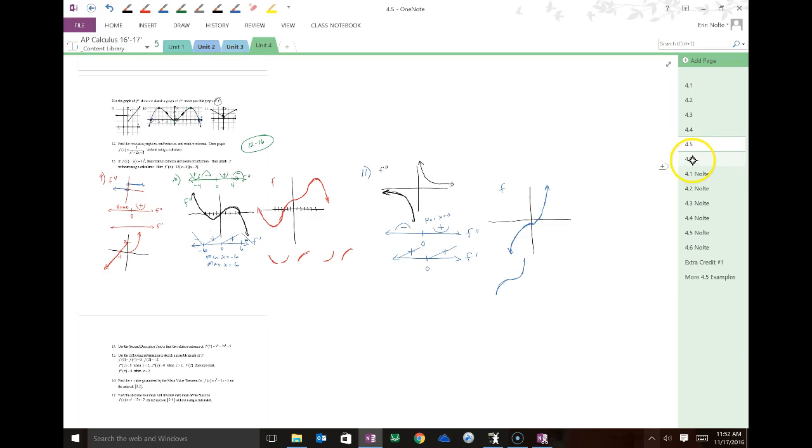Since 4-6 will be Friday and Monday, I'm going to give you the non-calculator portion of the test, so actually it'll be part 2, for Tuesday. So you'll do that in class. And then I'm going to give you the calculator portion as a take-home test to do over the break.